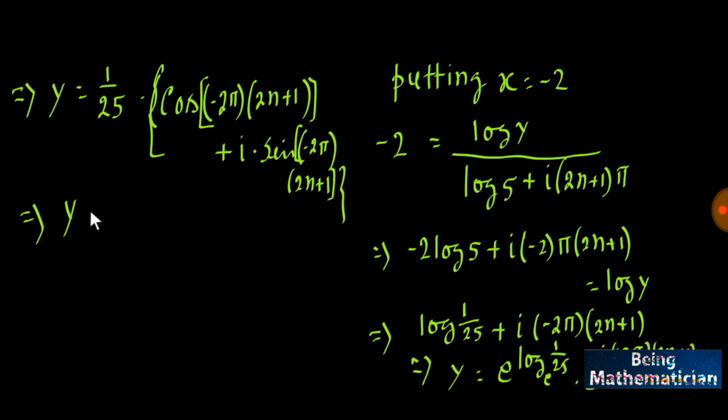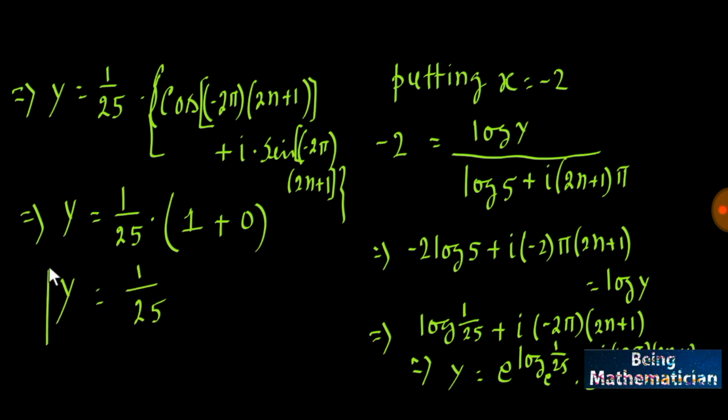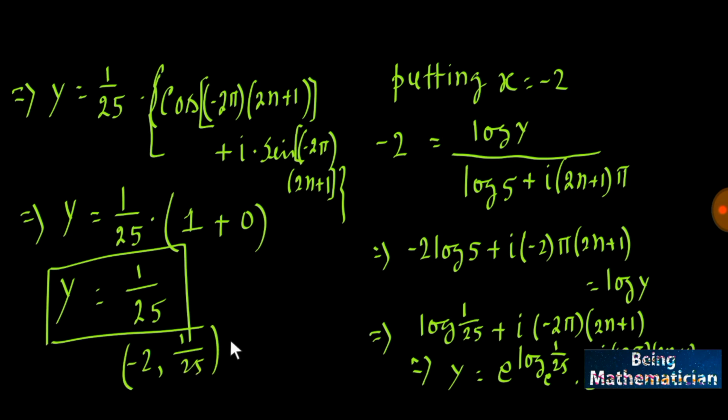So y equal to 1/25 into, this must be 1 and this must be 0. So y equal to 1/25. So the point (-2, 1/25) is verified by this. So you can verify any values of x and y through this authentic formation of this function.